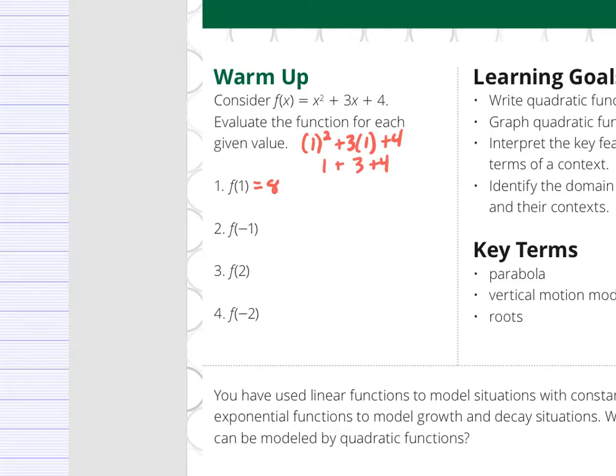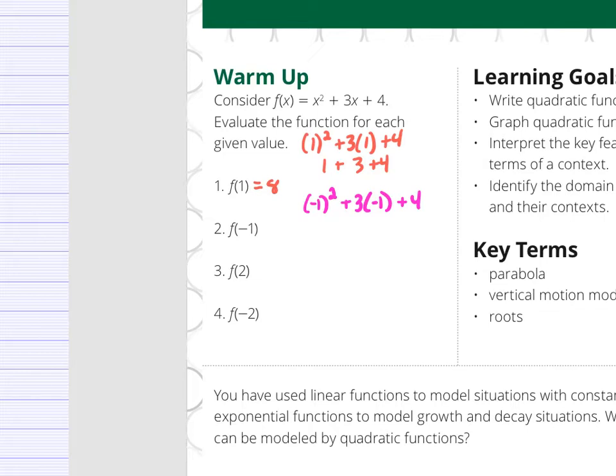Now, number 2, f of negative 1. So again, instead of x squared, I'm going to write (negative 1) squared. And remember to put your negative 1 in parentheses. If you type that into your calculator and don't put the parentheses, it'll give you the wrong answer. Plus 3 times negative 1 plus 4.